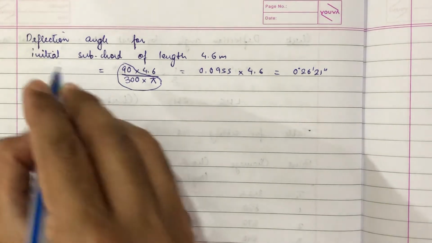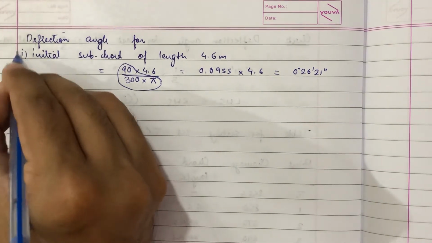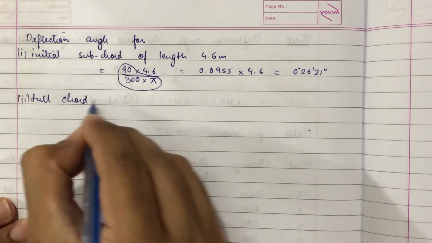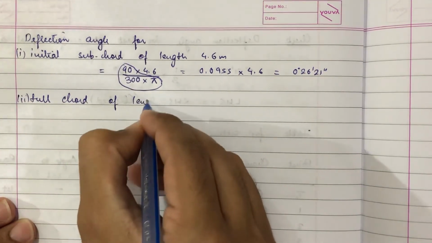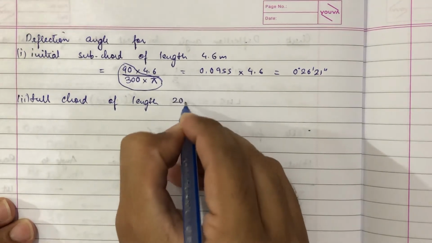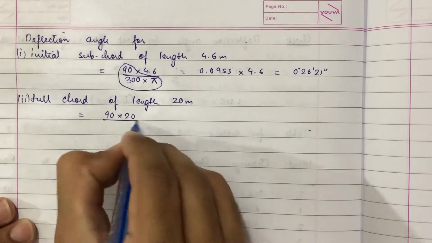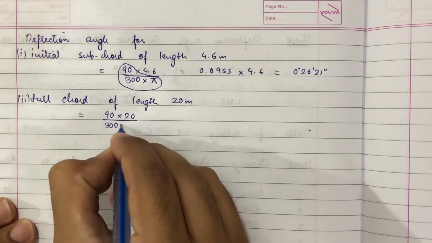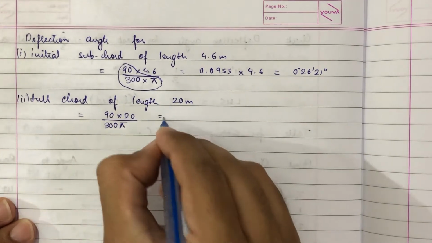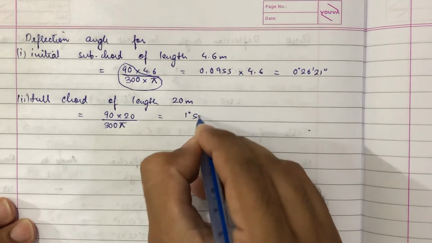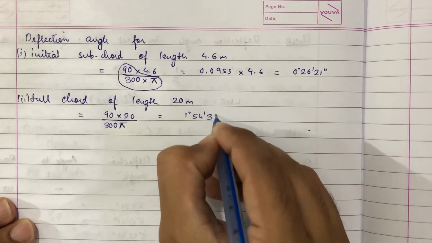This is the deflection angle for the first one. Then for the second one, the deflection angle for a full chord of length 20 meter will be given as 90 into 20 upon 300 pi. So this value is 1 degree 54 minutes 36 seconds.